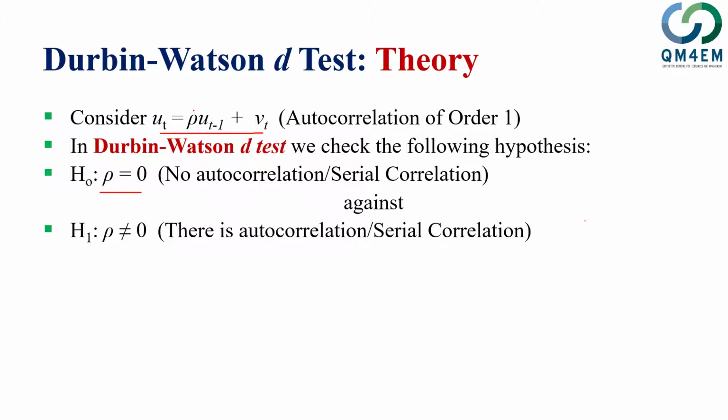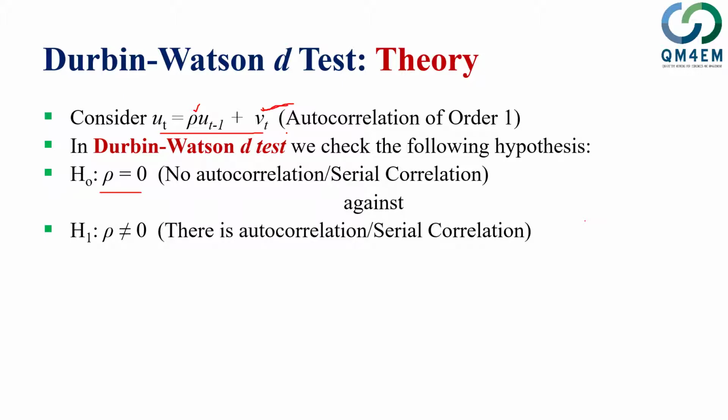If there is no autocorrelation, the rho term will be 0. Look into this model. If rho is not statistically significant, the rho would be 0. So this whole term becomes 0, ut is equal to vt, or there is no autocorrelation. It's a random term.